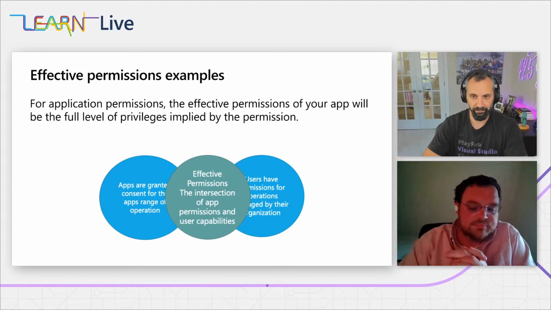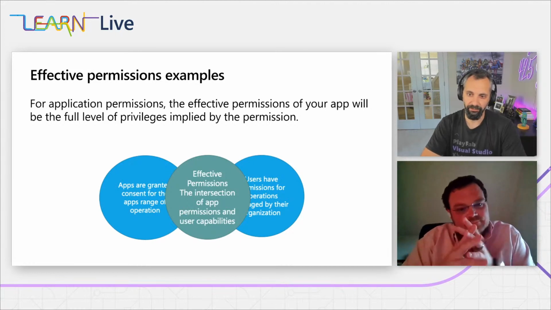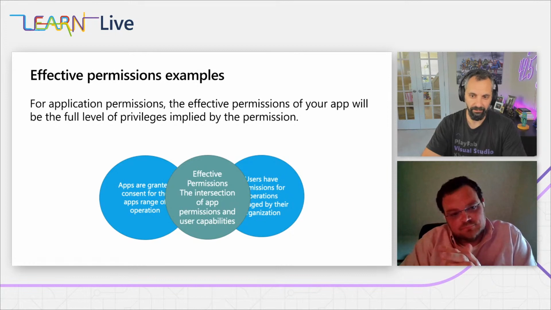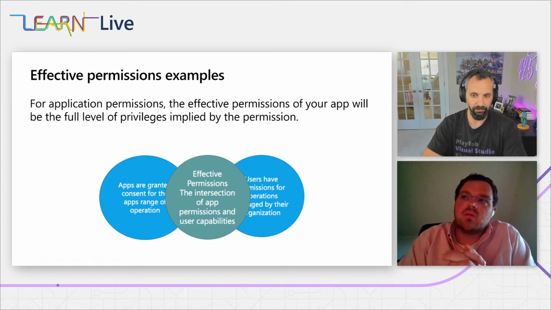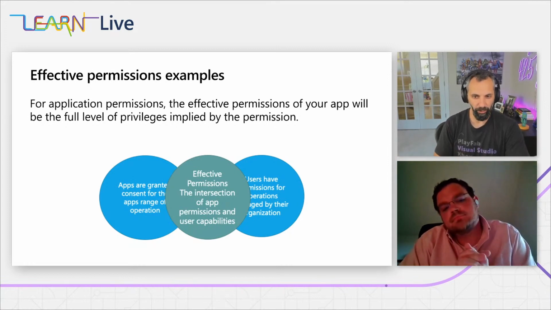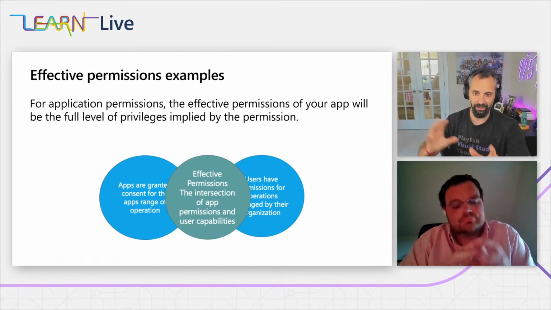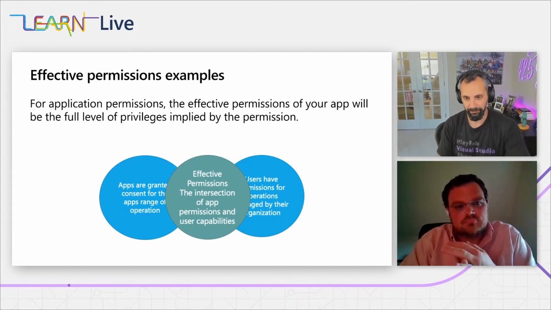Yeah. And can the app provide you with more permissions than you have as part of the org RBAC? No. So I can't be elevated to an admin through the app. It will always be a combination, the lowest common denominator between the RBAC permissions in the org and the app permissions in the app, right?